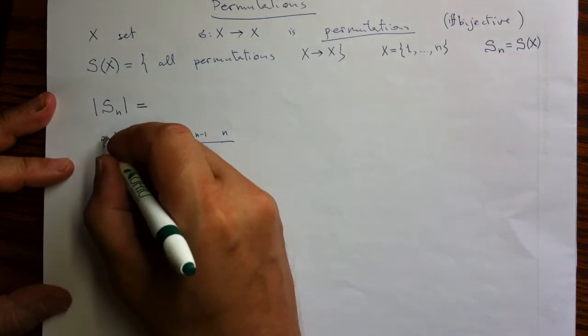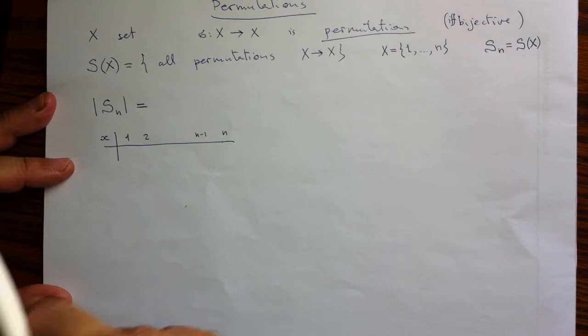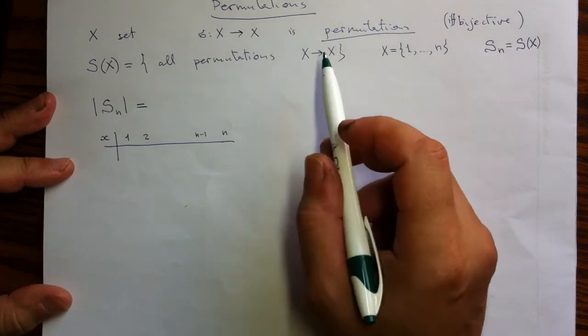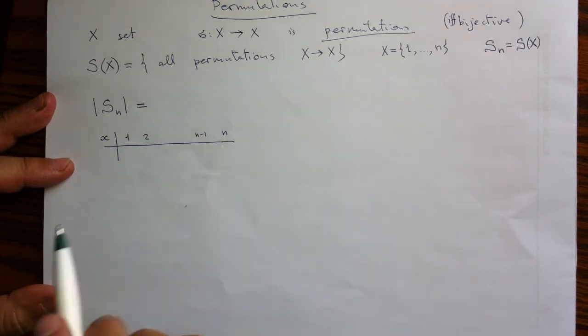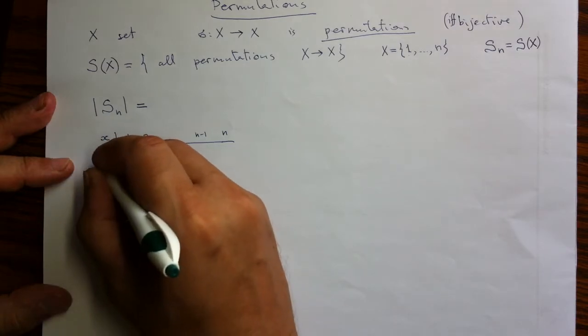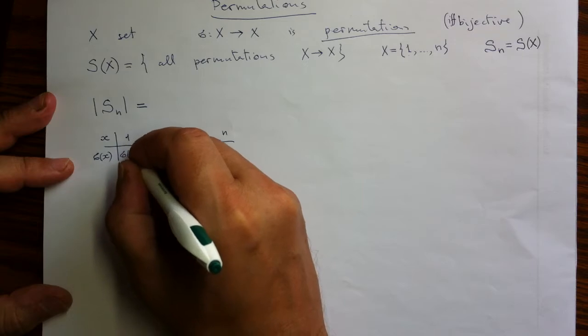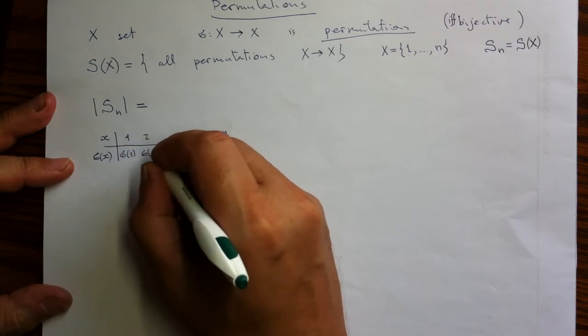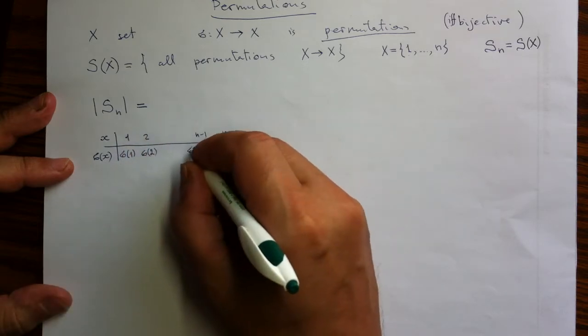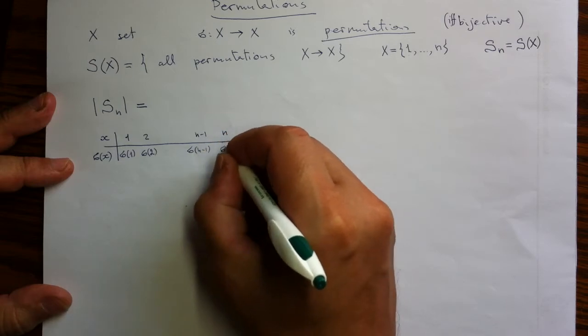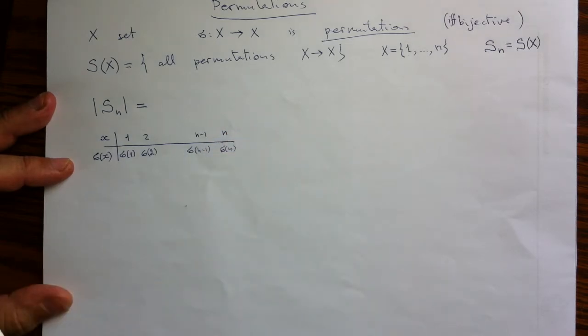So here is an arbitrary input for our function sigma, an arbitrary element of X, and we just need to record the answers. Well, they're what they are. Sigma on 1, sigma on 2, sigma on n-1, sigma on n. So that is tabulating, if you like, a function, listing all its values.